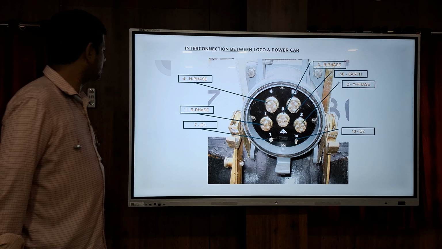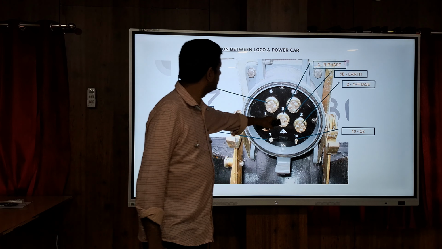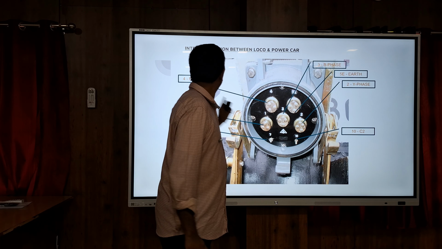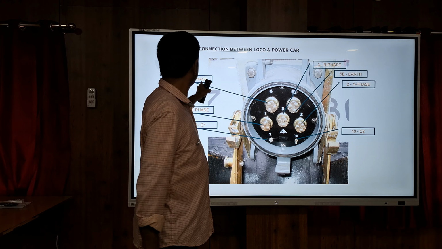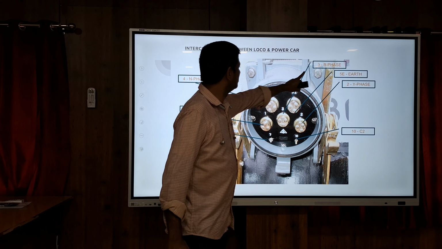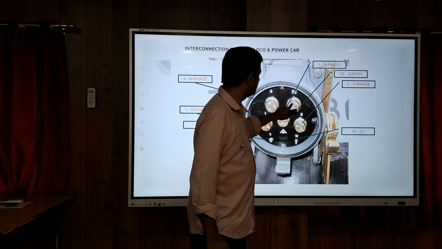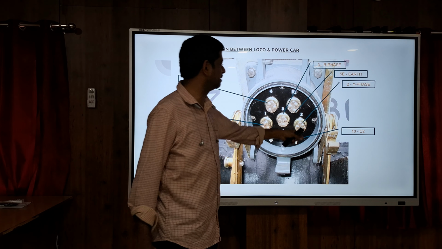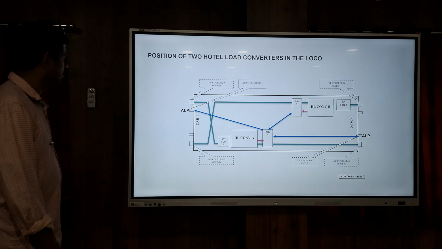Here it is mentioned: pin number 1 is R, 2 is Y, 3 is B, for neutral it is N only. Pin number 5 is mentioned as S, pin number 7 is contact 1 and pin number 10 is contact 2.